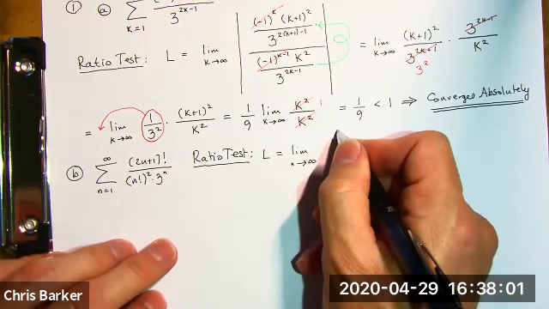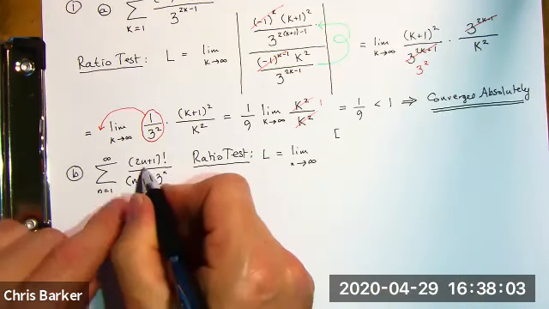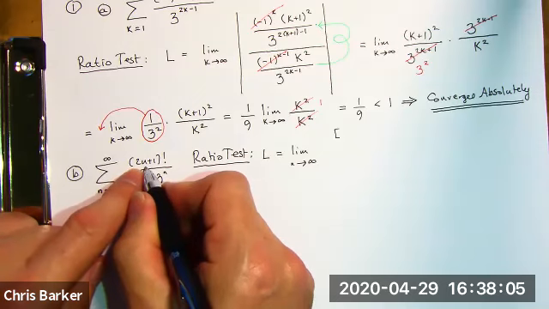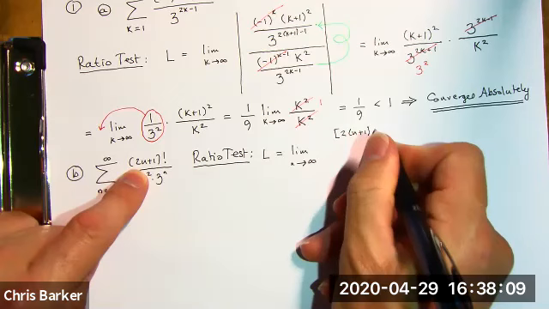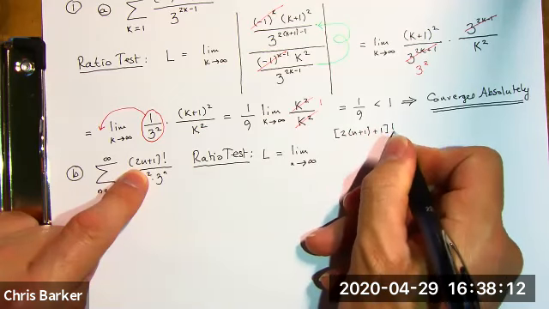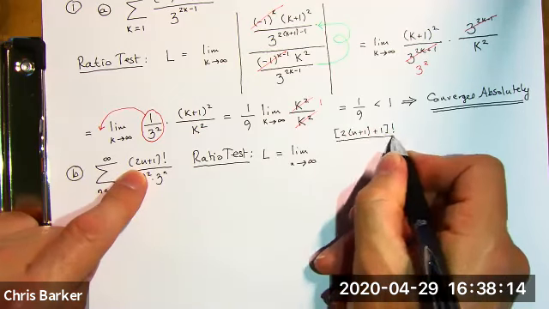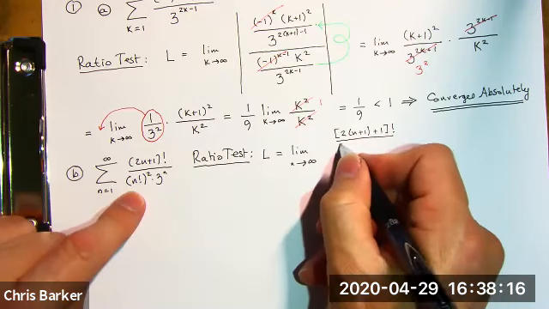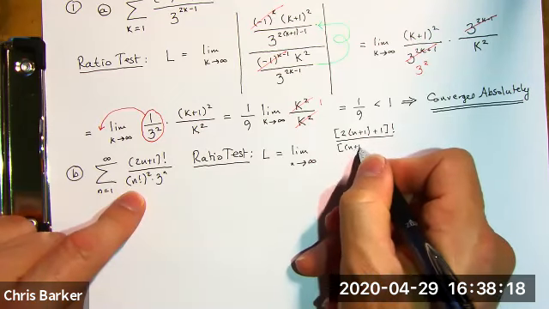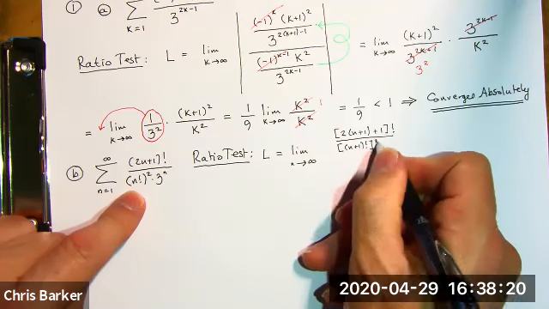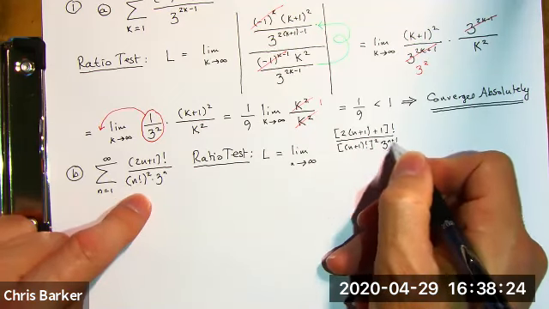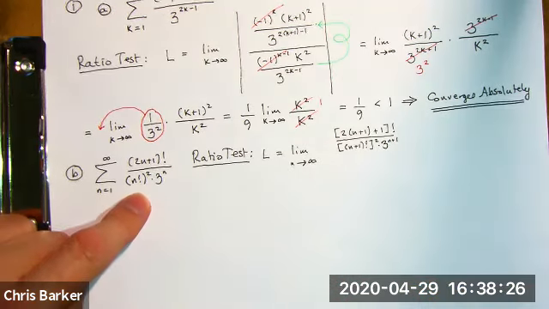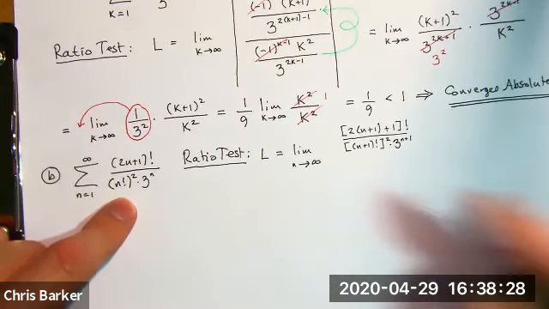All right, so the n plus first term, I'm going to replace the n here by n plus 1. So I get (2(n plus 1) plus 1) factorial divided by, and the same down here, ((n plus 1) factorial) squared times 3 to the n plus 1. So there's the n plus 1 version of everything.